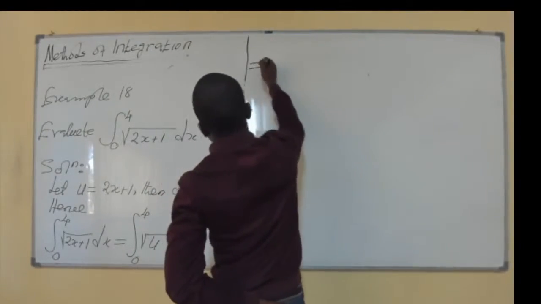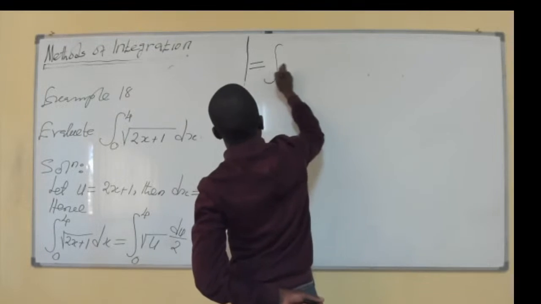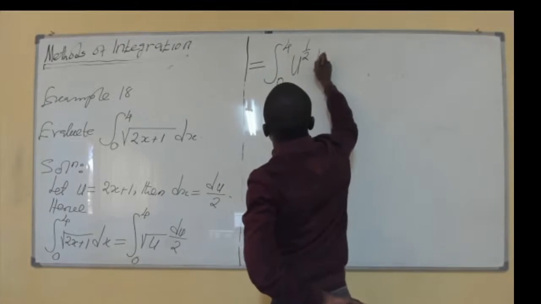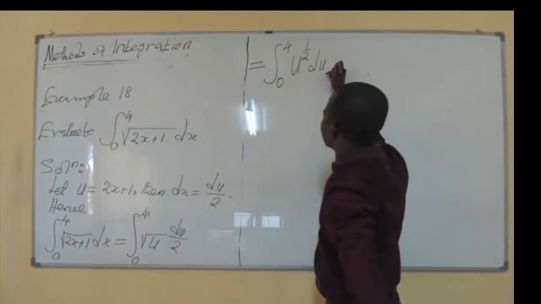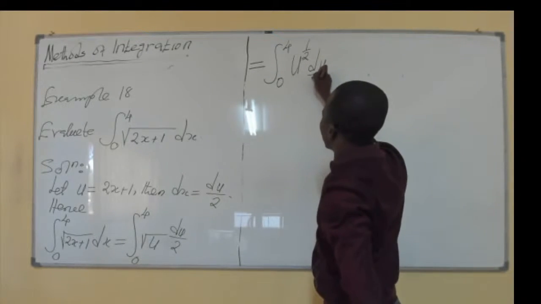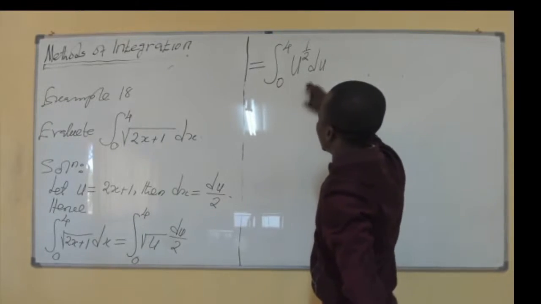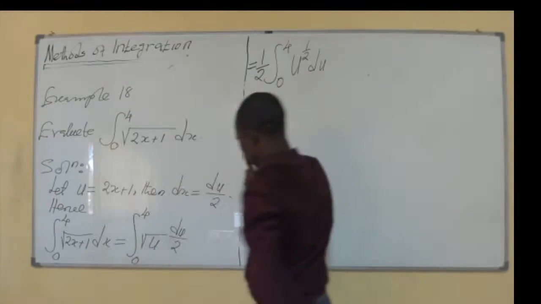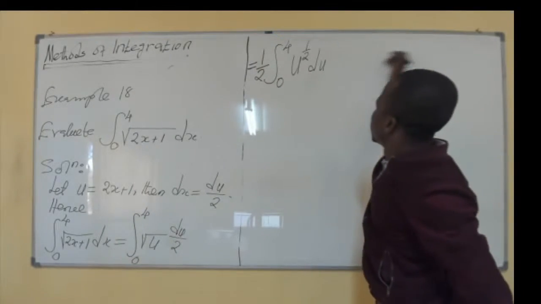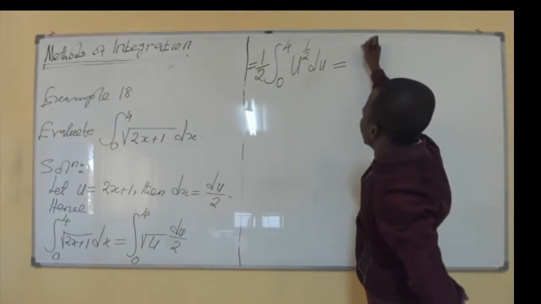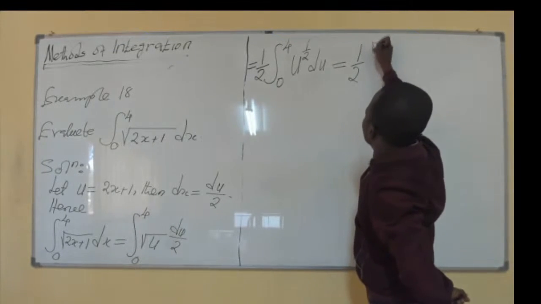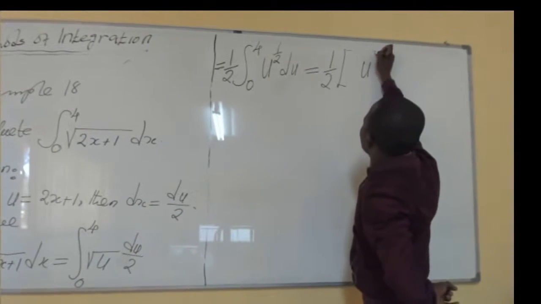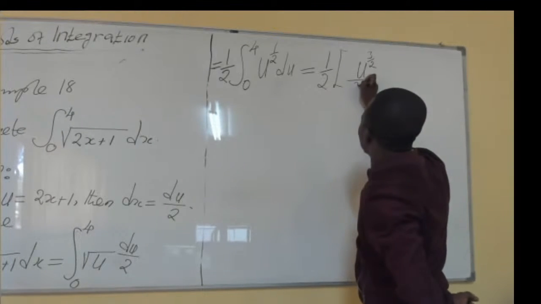This is equal to the integral from 0 to 4 of u to the power 1 over 2 du over 2. I can push the 1 over 2 outside. This is equal to 1 over 2 multiplied by u to the power 3 over 2 over 3 over 2.